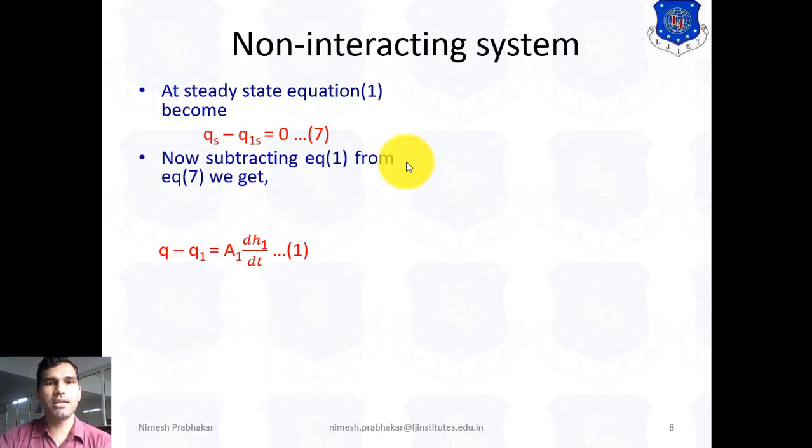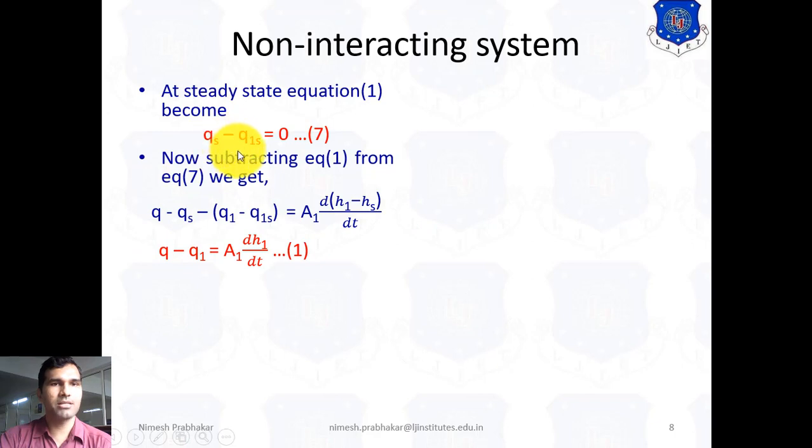Now subtracting equation number 1 from equation number 7, that means from this equation we subtract this equation. So we can write Q minus Qs minus Q1 minus Q1s equals A1, and we also write H1 in the steady state form, so d by dt of H1 minus H1s.